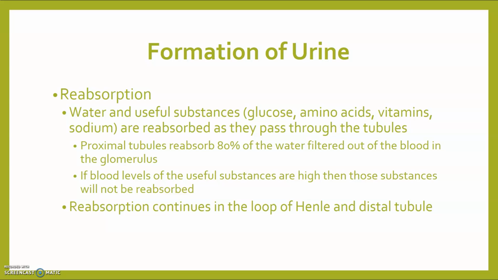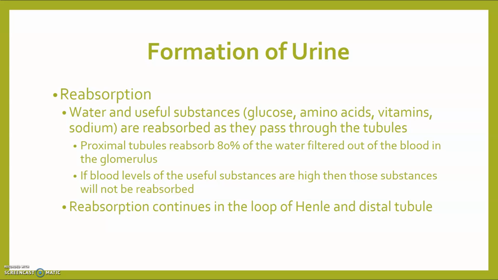The next stage in the formation of urine is reabsorption. With reabsorption, you're going to reabsorb what you need and produce urine to get rid of the rest. So water and useful substances such as glucose, amino acids, vitamins, and sodium are reabsorbed as they pass through the renal tubules.